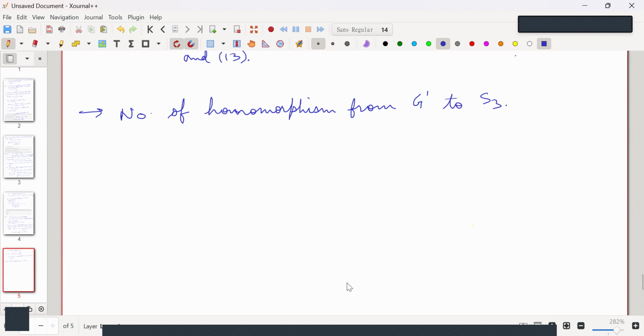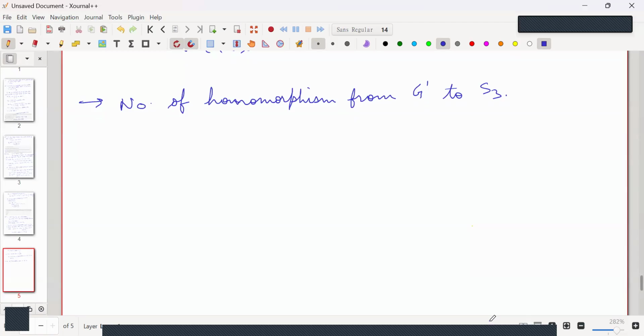So suppose I take some non-identity element from the Klein group. It can either map to one of the two cycles or to the identity.